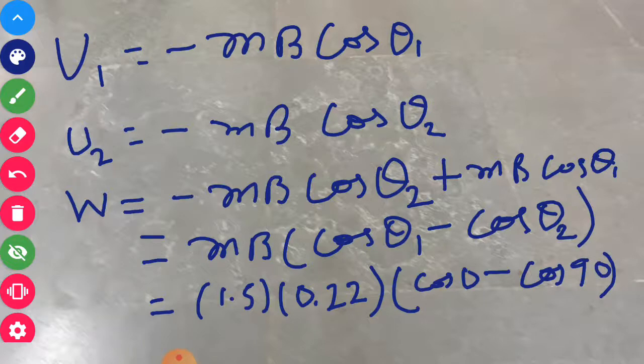Now you can simplify; cos 0 is 1. So we just have to multiply these two terms, 1.5 into 0.22, and that will give you 0.33 joule of energy.